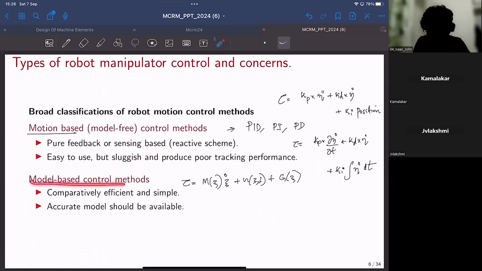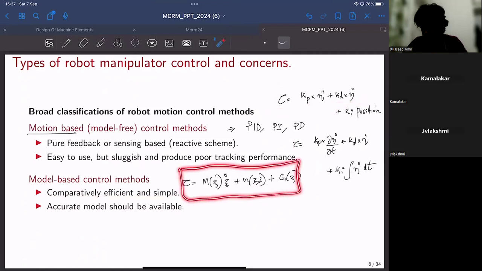And what about model-based control schemes? They are comparatively efficient and simple. A purely model-based scheme is efficient because we don't need to rely on sensors. We can control it purely based on the model, if we have that model.